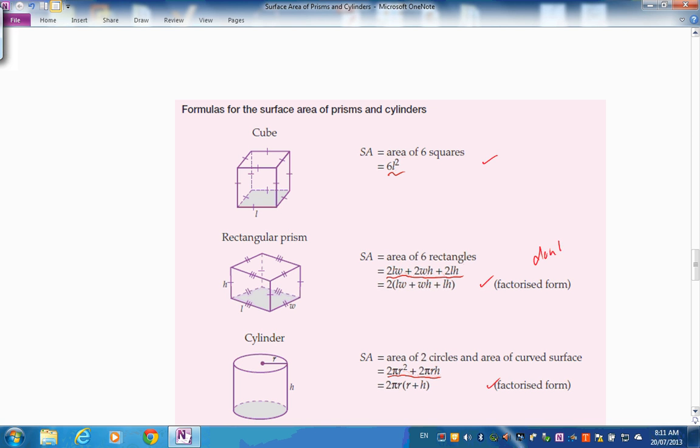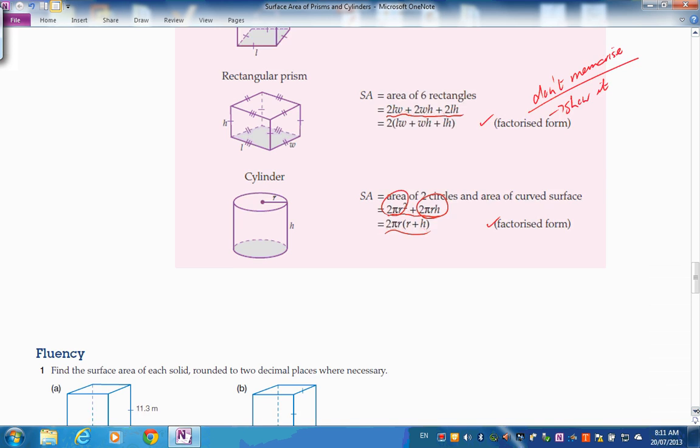Don't memorise the fully factorised form and so on. Be able to show it, okay, in stages. All right. I mean, you can use this 2 pi rh. You don't have to show that and this, but I wouldn't go to the factorised form. All right. Okay, let's work.